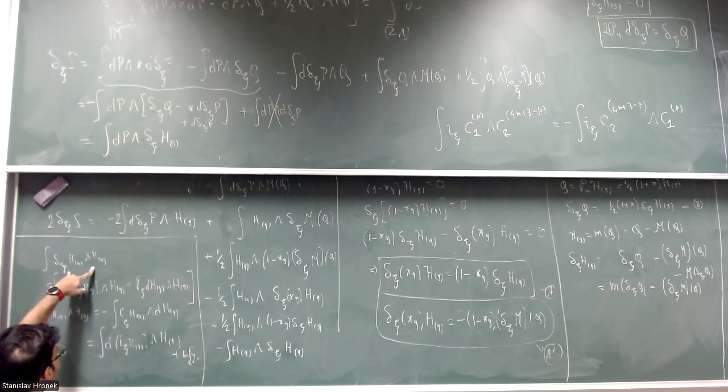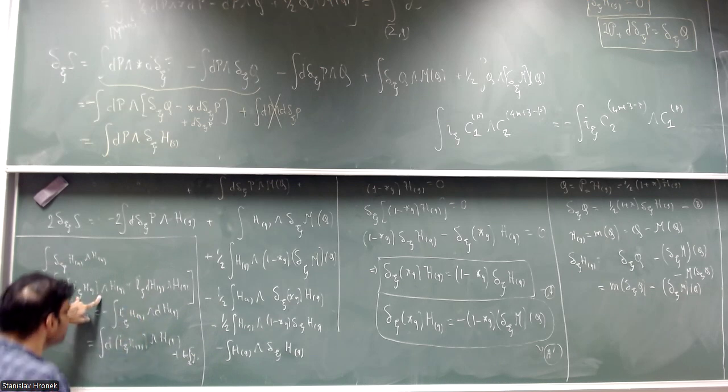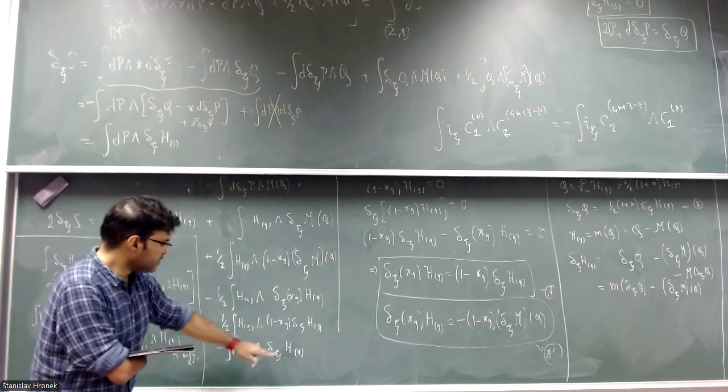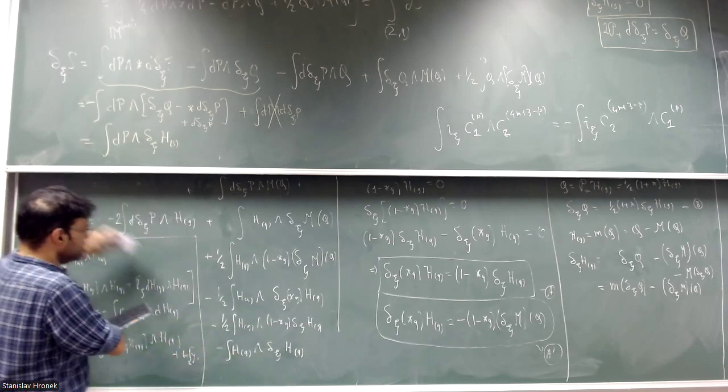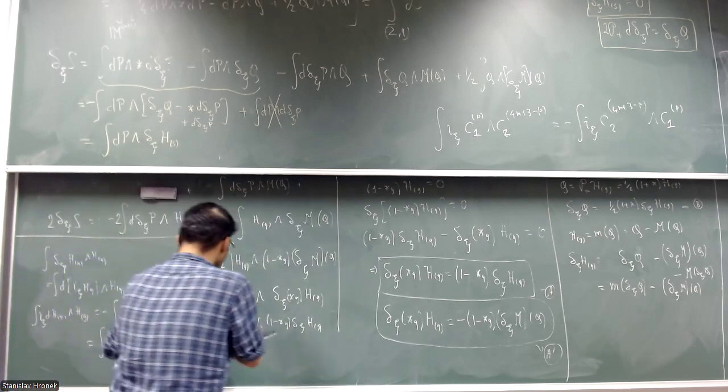So this combination, up to a boundary term, reduces to this combination. So sorry, this and then it's the same term, so it's twice this. Is it clear? So I'm going to just replace this here, so there's the twice.